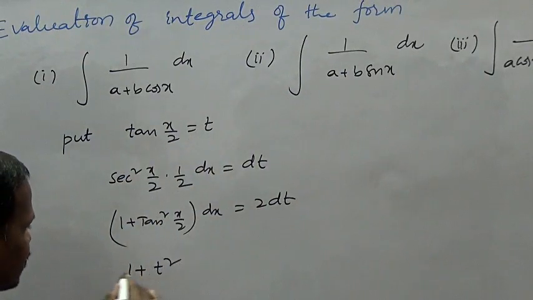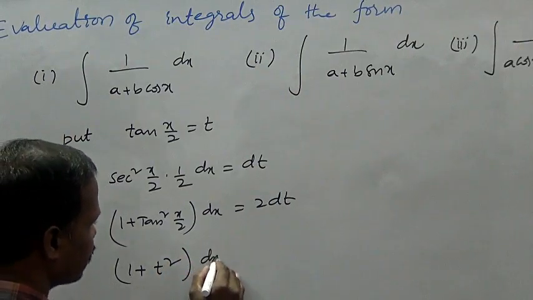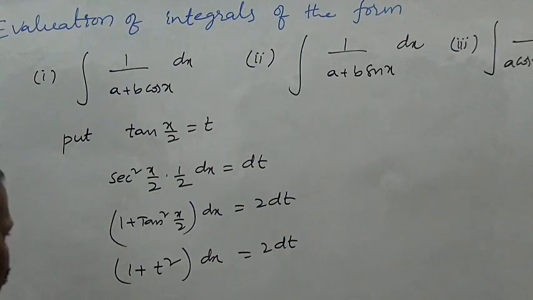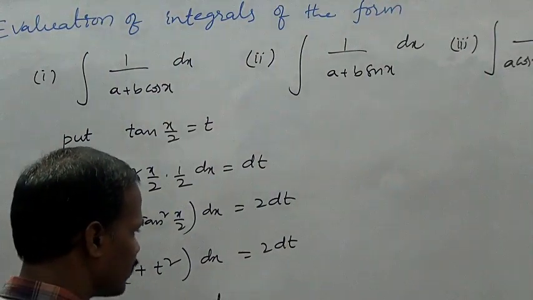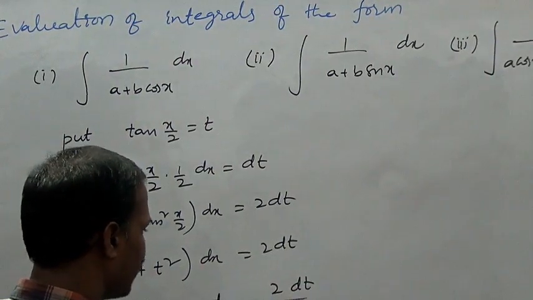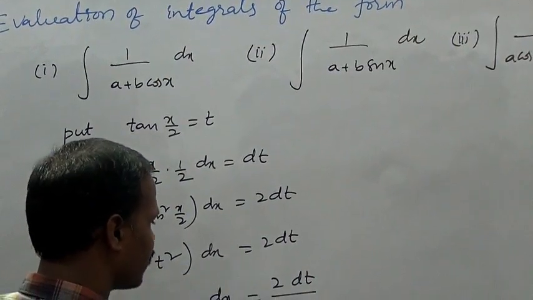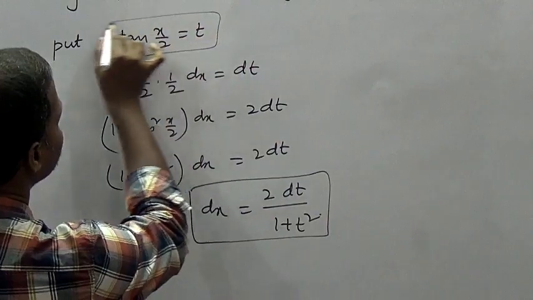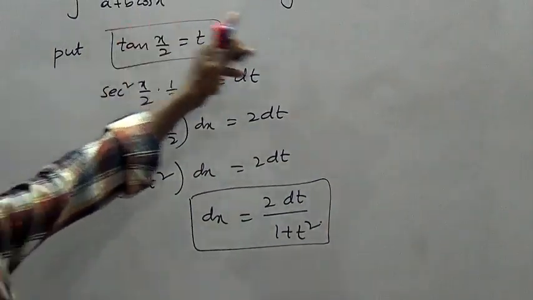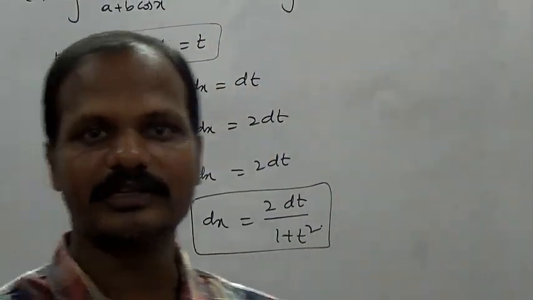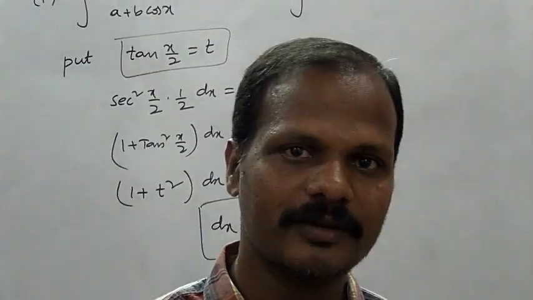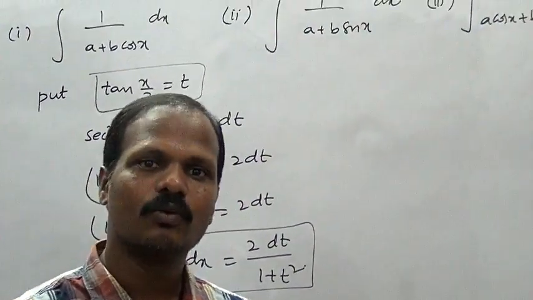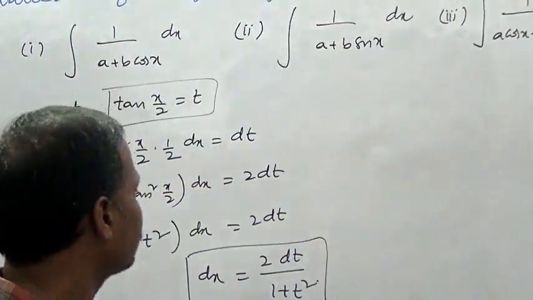So 1 plus t square dx equal to 2 dt. Okay. Now what is dx? dx equal to 2 dt by 1 plus t square. Okay. You have to remember this. If the integrals are in this form, you have to take tan x by 2 equal to t, then dx becomes 2 dt by 1 plus t square.